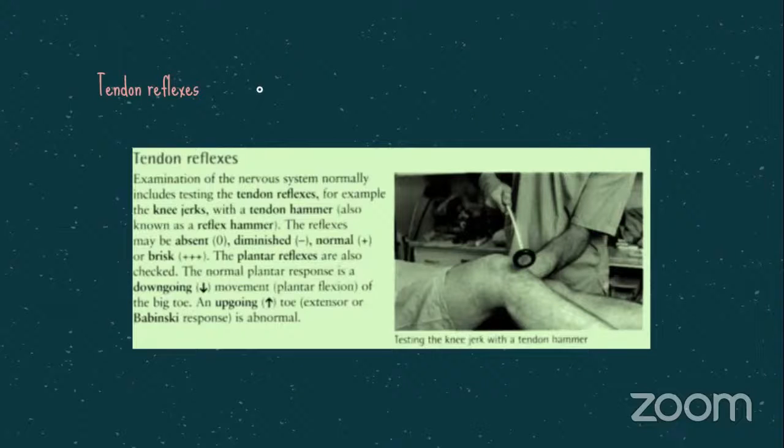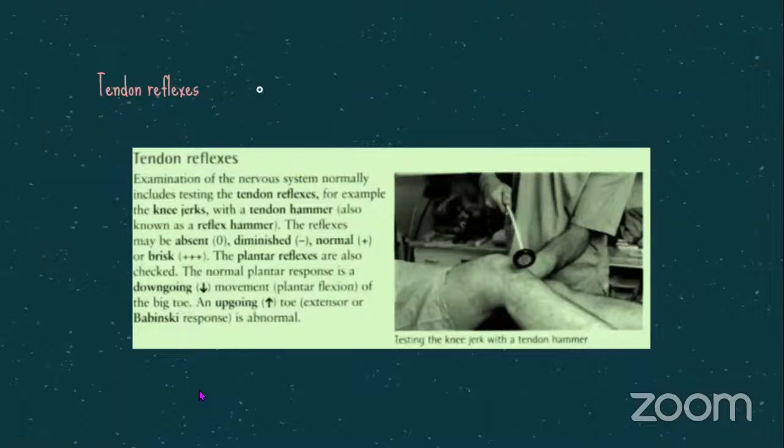The reflexes may be absent, diminished, normal, or brisk. The plantar reflexes are also checked. The normal plantar response is a downgoing movement, plantar flexion of the big toe, and an upgoing extensor or Babinski response is abnormal.